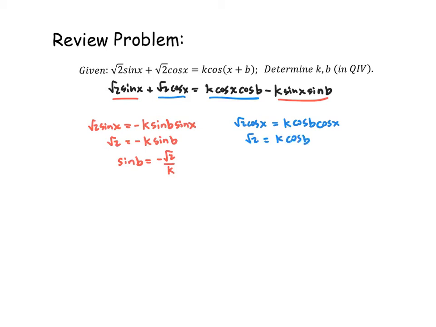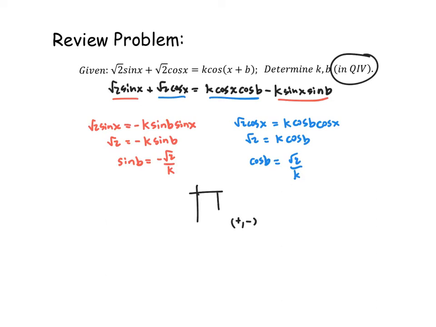Clearly we can see we're working with angle b in both cases. So cosine b equals root 2 over k. Now you're told here that this is in quadrant 4, but you should be able to tell because in quadrant 4 we've got a positive cosine and a negative sine value.